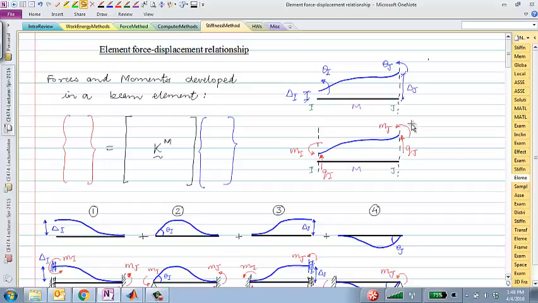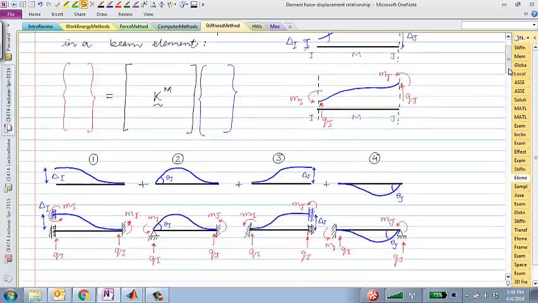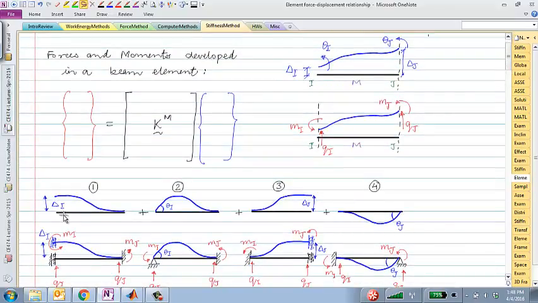And one way to do that is to actually find out 4 simpler cases of displacements. One is a displacement at node I. So again, looking at this beam element, if I have node 1 and I give it a unit displacement, making sure that all the other degrees of freedom remain 0.